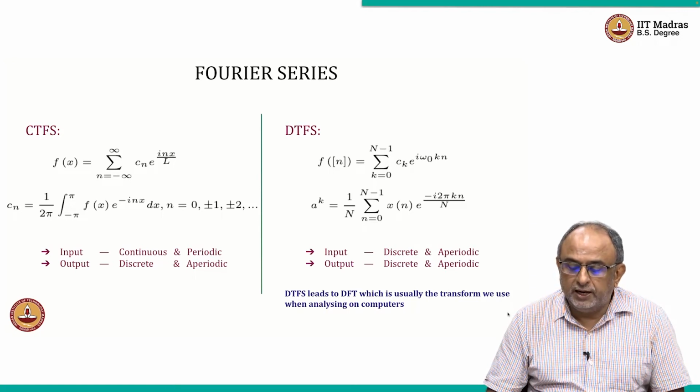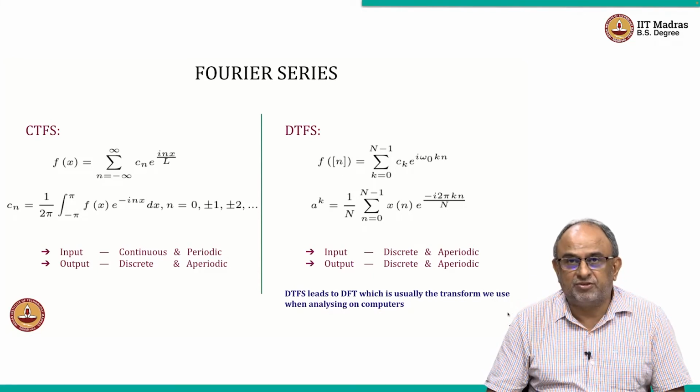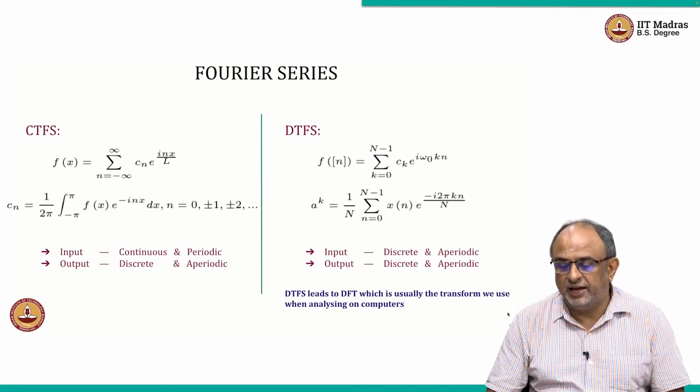Okay. And similarly, instead of having a continuous time curve, I can have a discrete time sequence, which is f of n, and the same idea will happen, but now the variable from continuous time x has become a discrete variable n, and therefore we will talk about sequences. e to the power of i omega naught k n is a sequence in n.